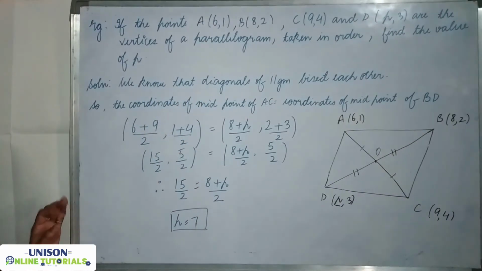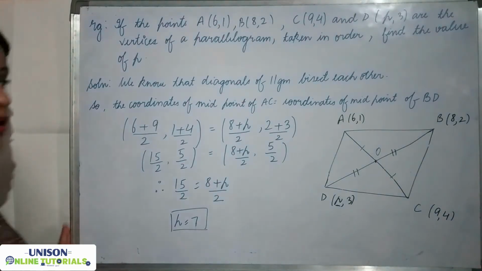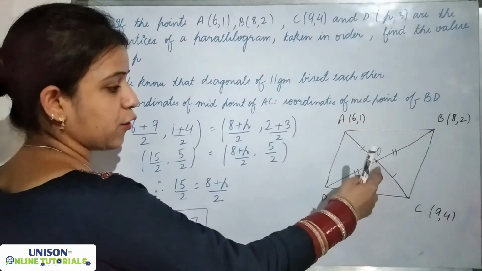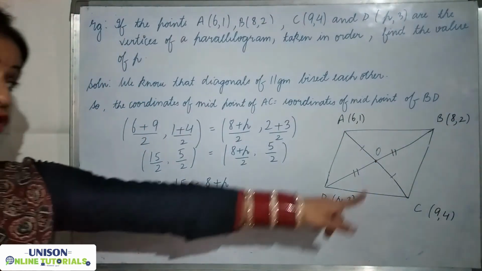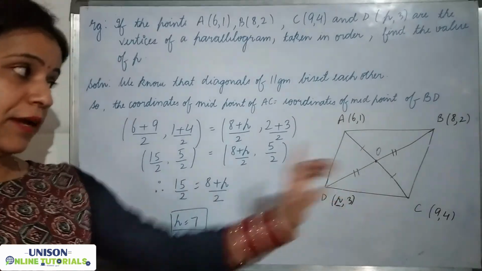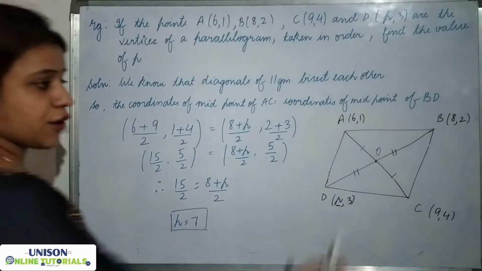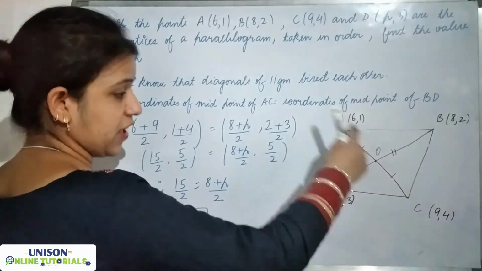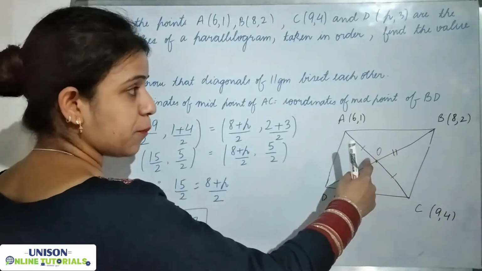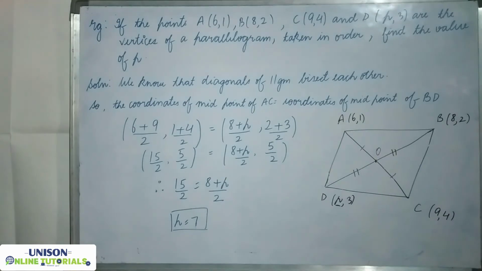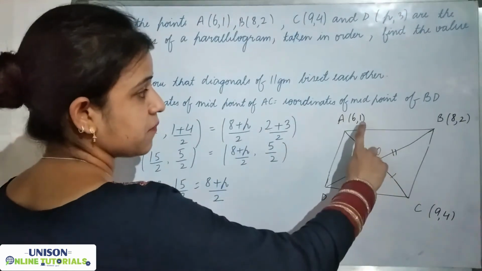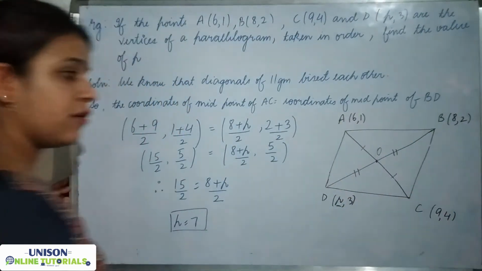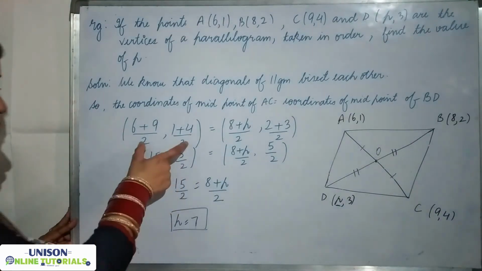First of all, we know that the diagonals of a parallelogram bisect each other. So OA equals OC and OD equals OB. Now, if this is the common point for AC and BD, we can say that the coordinates of the midpoint of AC and the coordinates of the midpoint of BD are equal. The midpoint of AC is (6 plus 9) by 2 for the x-coordinate and (1 plus 4) by 2 for the y-coordinate.